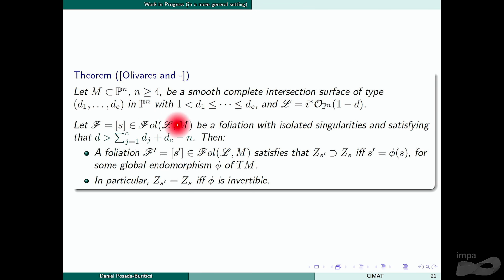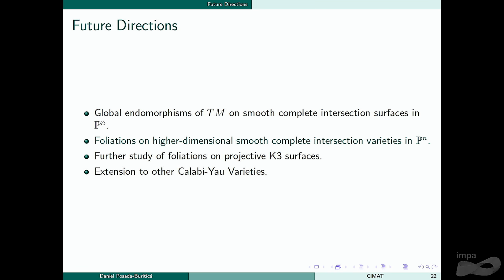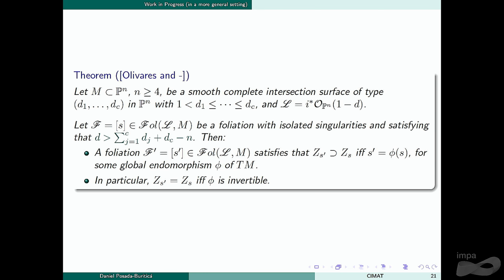If we have a foliation with D greater than or equal to this number, then there exists another foliation whose singular scheme contains the singular scheme of the first foliation if and only if there exists a global endomorphism of the tangent bundle of the surface, such that the sections that define the foliations are related by the global endomorphism, and the singular schemes are the same if and only if the global endomorphism is invertible. That is like the result for Hirzebruch surfaces.